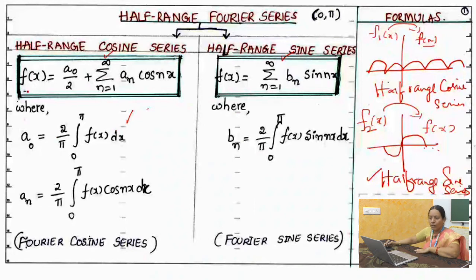The formula is f of x equal to a naught by 2 plus sigma n equals 1 to infinity an cos nx, where a naught equals 2 by pi integral 0 to pi f of x dx and an equals 2 by pi integral 0 to pi f of x cos nx dx.